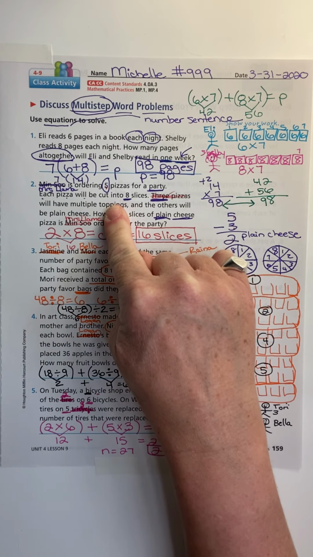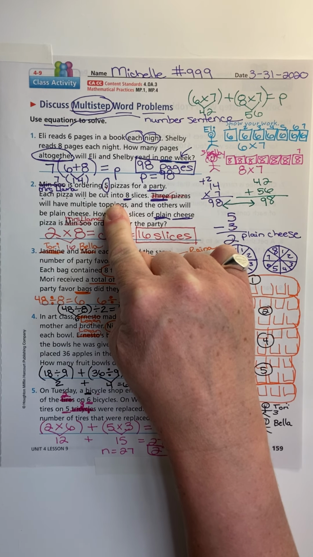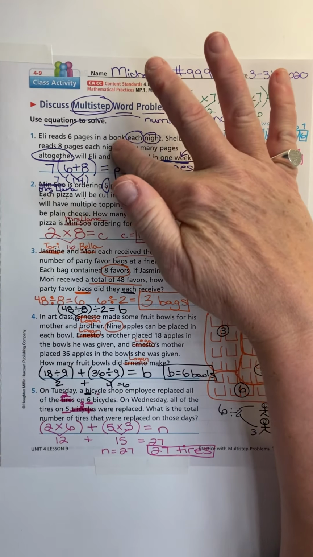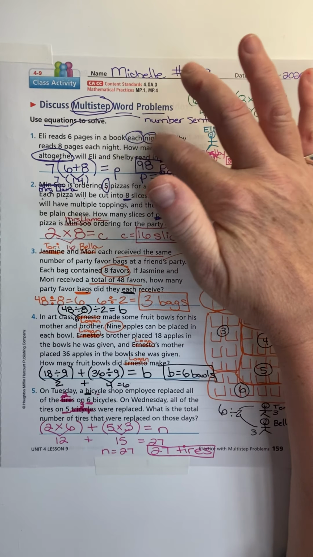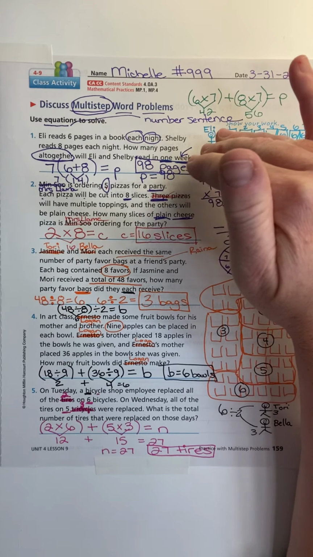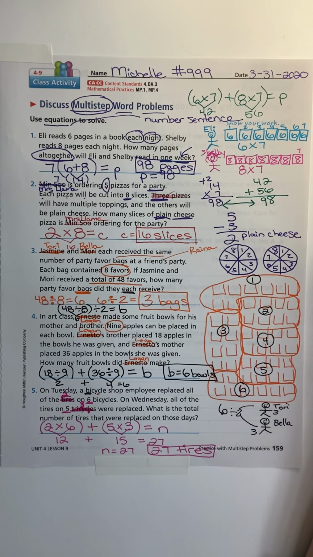For instance, in our pizza problem, number 2, we just pretended like it was pizza slices for our party. And so that is something that would happen in real life. Okay. And so reading books, comparing how many pages or showing how many pages total the kids read, that's something that would happen in real life.